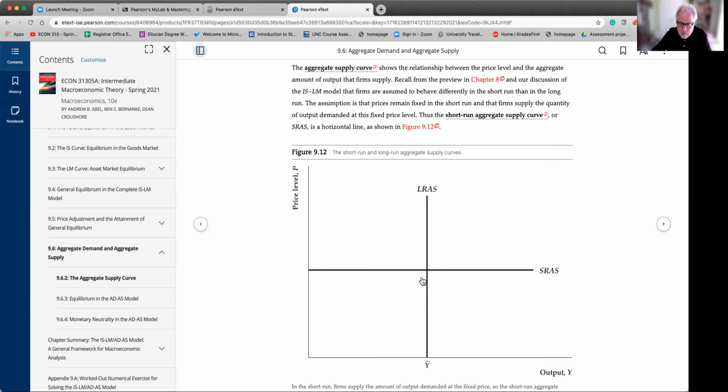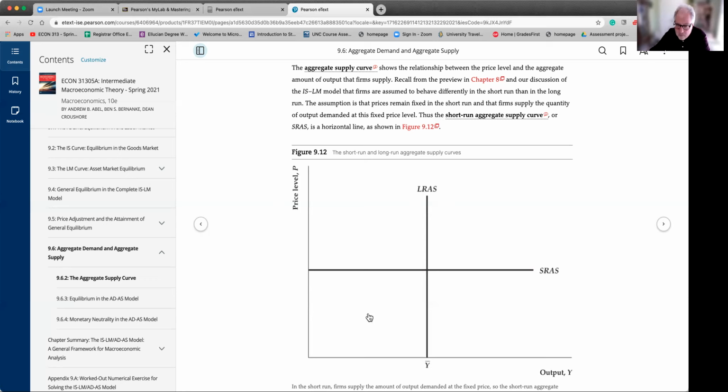Well, in the long run, it's just a move up the aggregate supply curve. And no, the answer is no, it only affects the price level or inflation. In the short run, like what Keynes was talking about, changes in aggregate demand don't affect the price level, they affect real GDP. In the real world, though, we see that changes in real GDP and changes in the price level both tend to happen together in the short run.